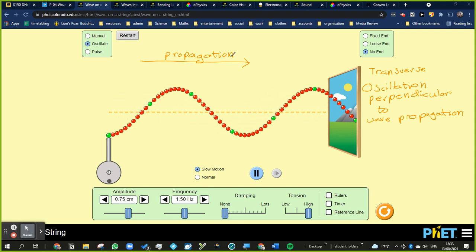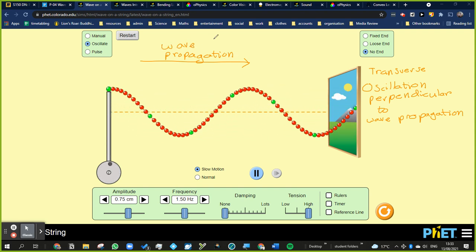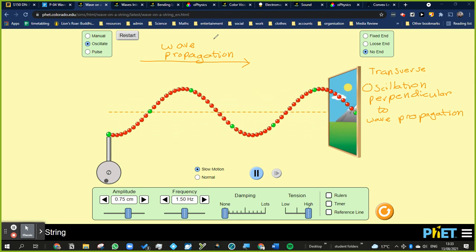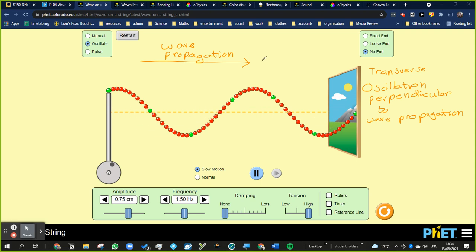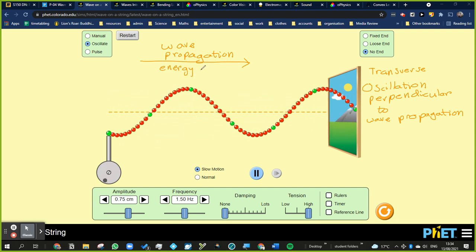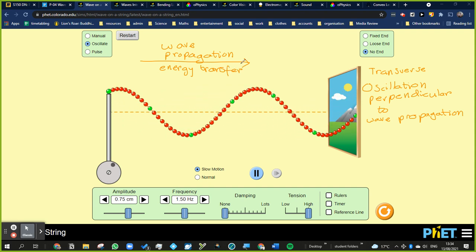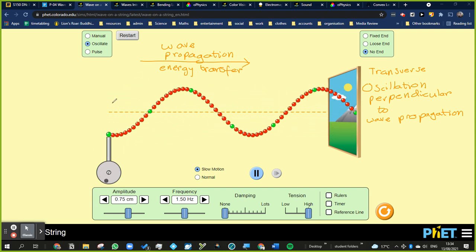You can also say what direction the energy is moving, because waves are always a movement of energy from A to B, from one place to another. So the wave propagation is going from left to right, or we can say the energy transfer is going from left to right. It's always a type of energy that is moving. In this particular case, it's kinetic energy.